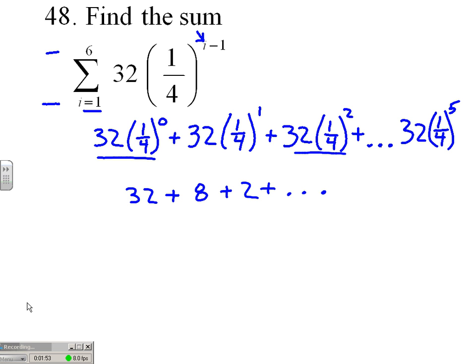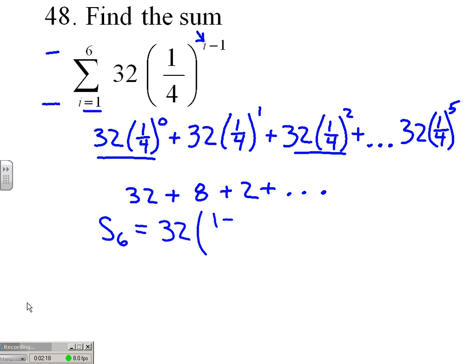But I'm going to go ahead and take you to the formula for this, and we are looking for the sum of 6 terms. The first 6 terms from 1 through 6. The sum of the 6 terms of a geometric sequence would be equal to the first term, 32, times big parentheses, 1 minus our ratio.